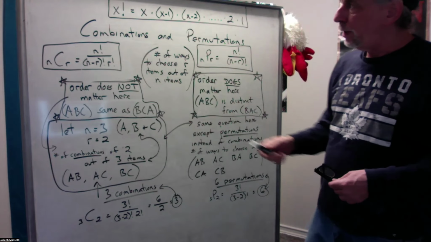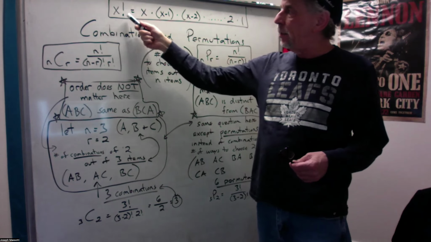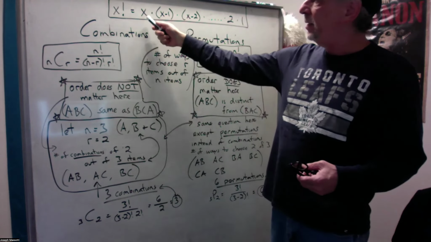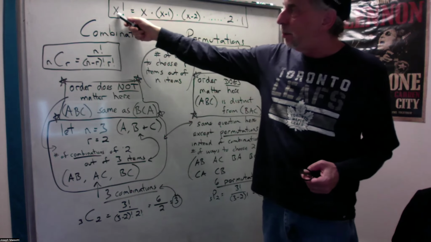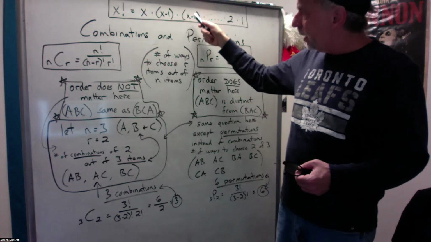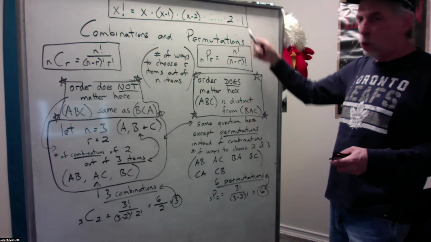So if you don't know what a factorial is, when you see a number, any number x, with an exclamation sign like this, what that means is you take the product of that number and then multiply it by one less than that number, times one less than that number, all the way down till you get to 2 and 1.